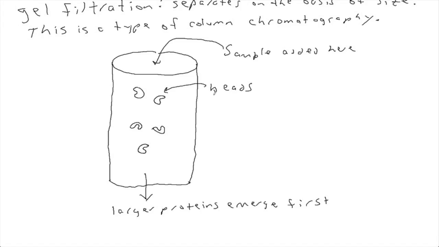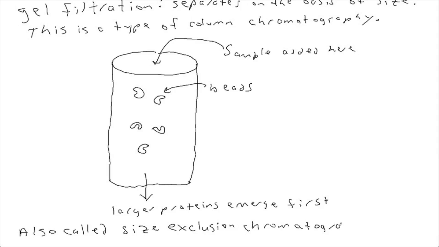Do you remember there's another common name for gel filtration? Is it chromatography? Well, it's a type of chromatography. But there's a specific name for this. This is also called size exclusion chromatography. Why is that a logical name?